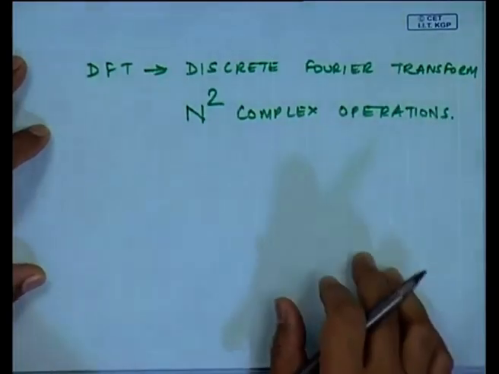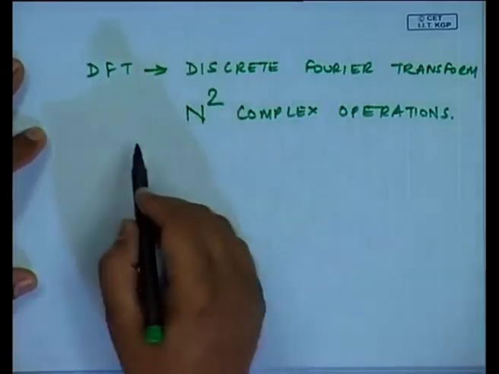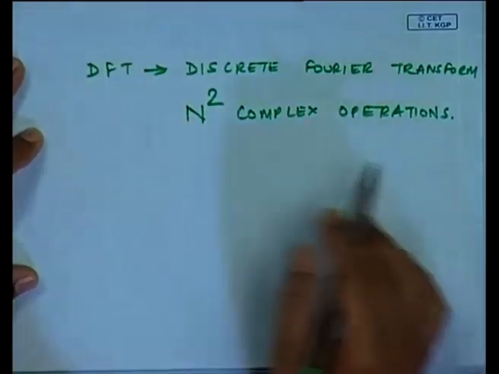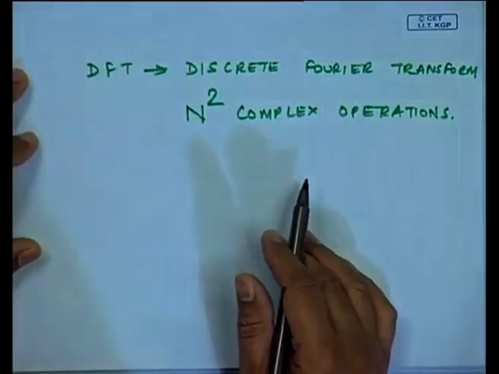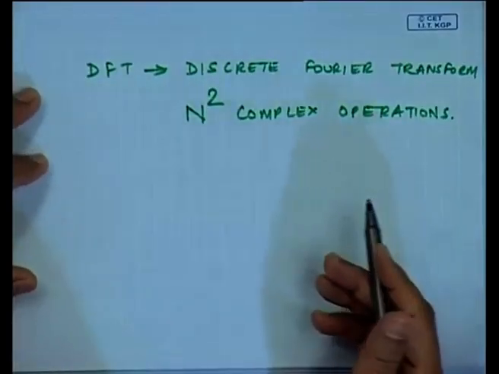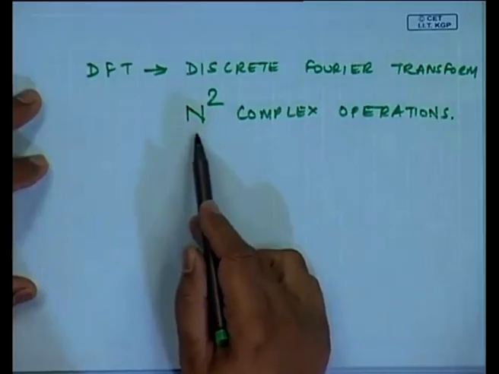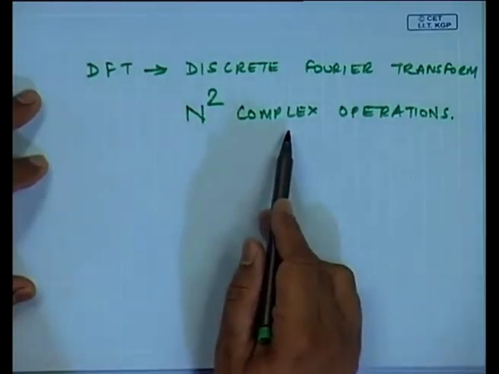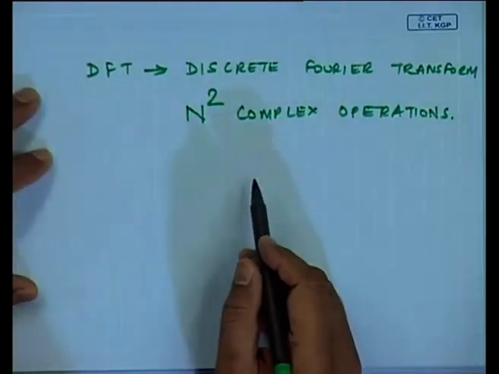Okay. But I am talking about before the advancement of computers, and you can understand that to do N square complex operations was a Herculean task.